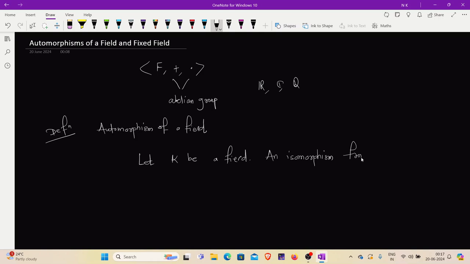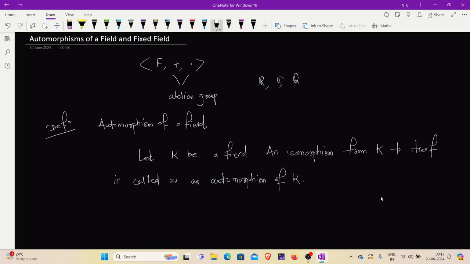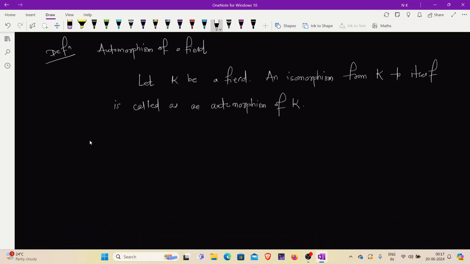An isomorphism from K to itself. Auto means self, so K to itself. An isomorphism from K to itself is called an automorphism of K. Keep in mind that the set of all automorphisms of K will be denoted by Aut of K.